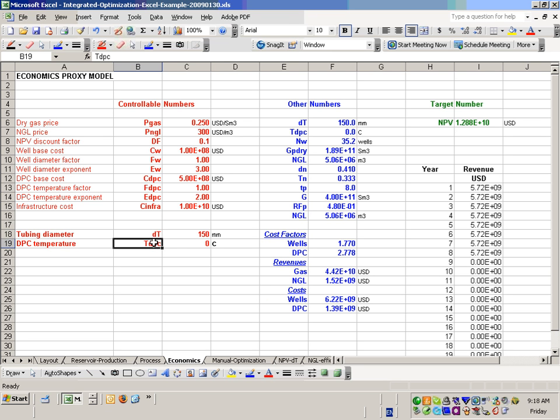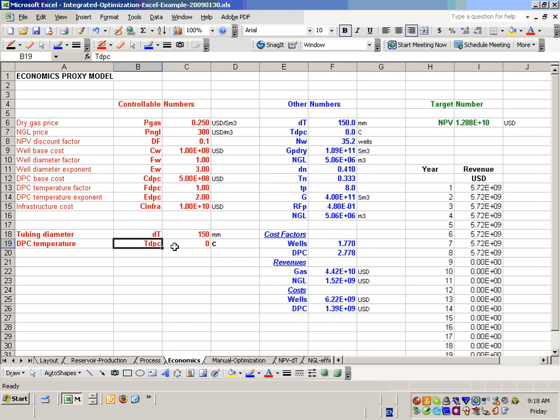The temperature of the dew point controller is controlling, of the gas that's produced out of the reservoir, how much is sold as a liquid and how much is sold as a gas. The liquid price of the products is 7 to 10 times greater per mole than the gas. So the more we can extract out of the gas stream, producing to the surface as a liquid, the more money we make. So the dew point controller temperature is giving us an added value.